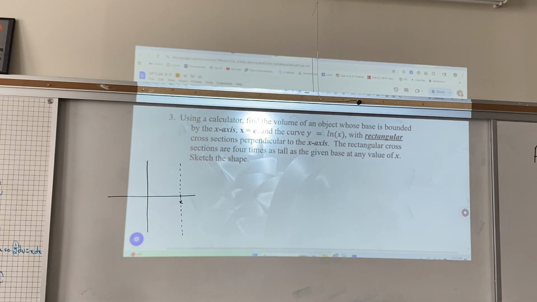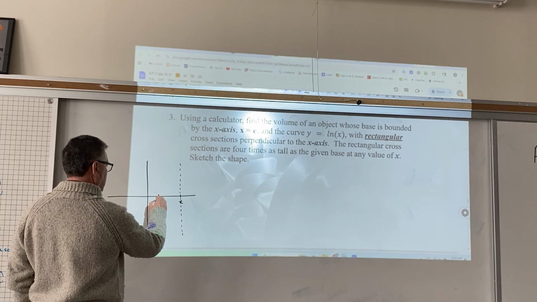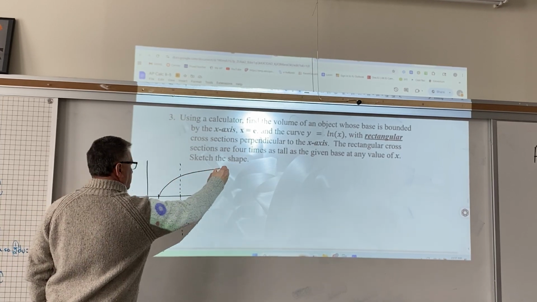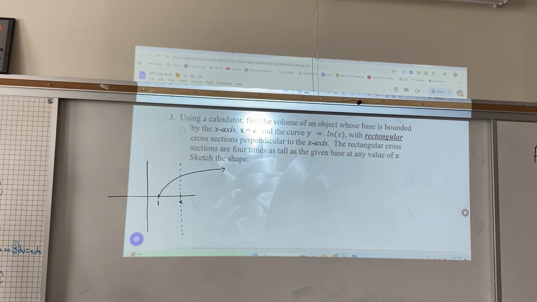We'll just call it E. And the curve, natural log of x, it's going to cross here and do that.